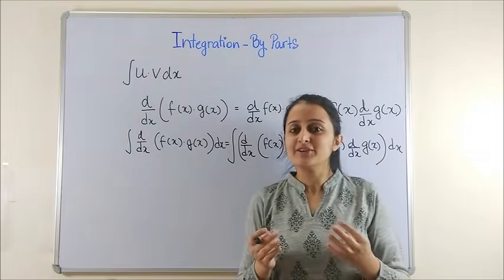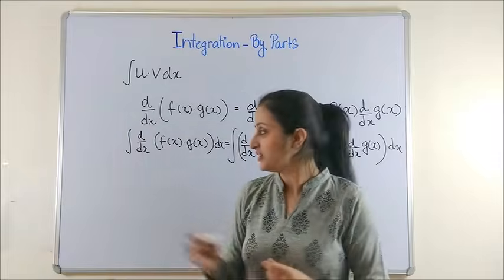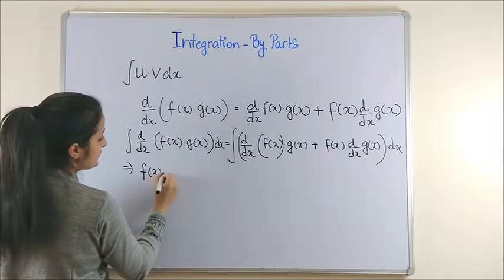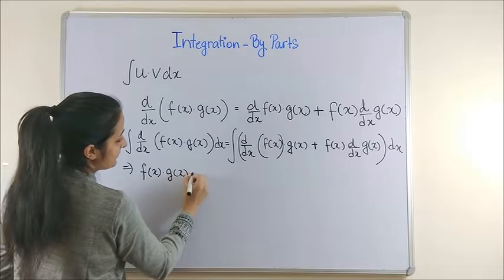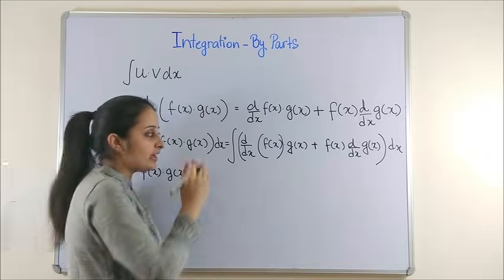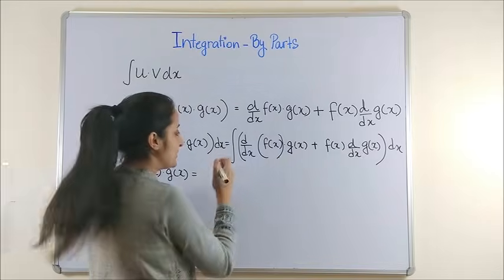As per the basic rules we discussed for integration, your left hand side becomes f(x) into g(x) simply. Your right side, we can split the integral sign for each of the functions individually.